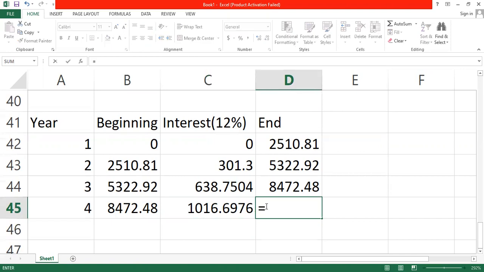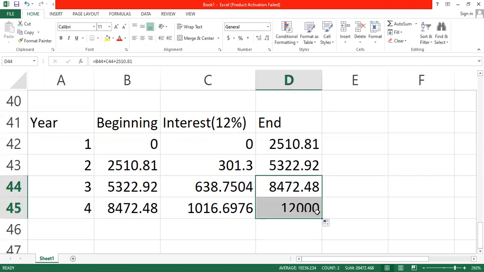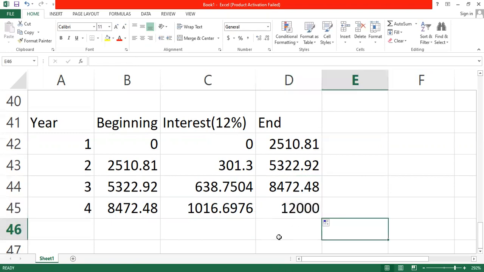Okay. So let me try something and see. If you add 8472.48 plus 1016.70, then you add the annual transfer to it, you get 12,000 point something.